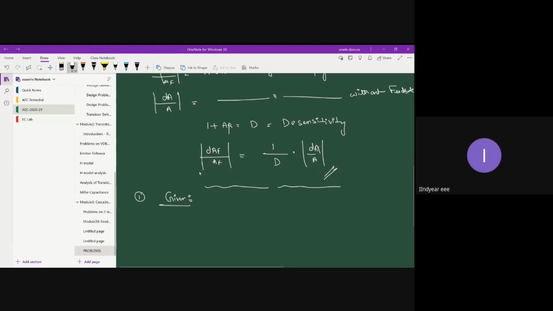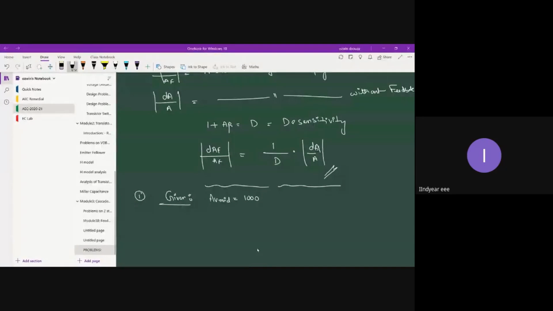Fine. So given an amplifier has a midband voltage gain of 1000. So let me directly write AV mid is equal to 1000, with FL is equal to 50 Hertz and FH is equal to 50 kilohertz.